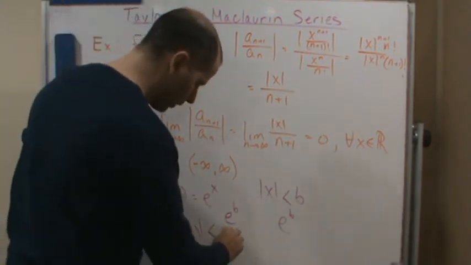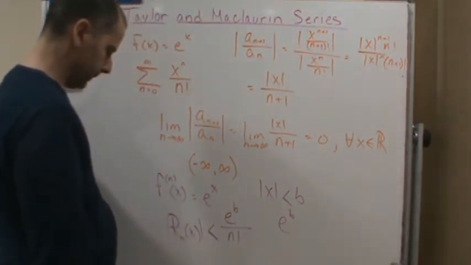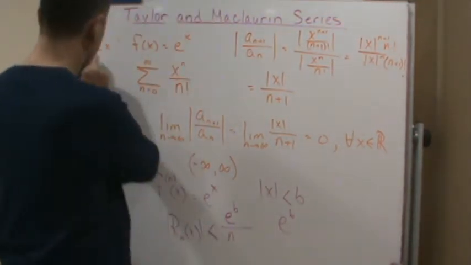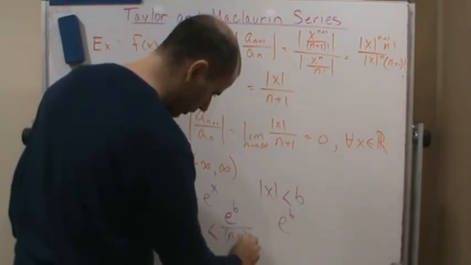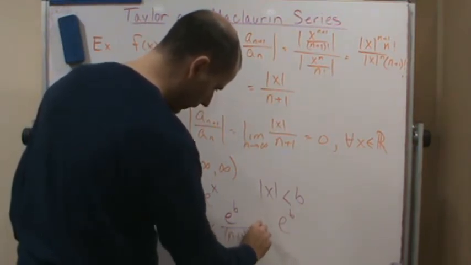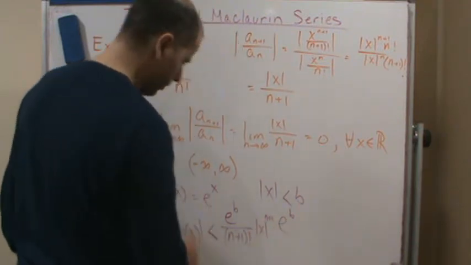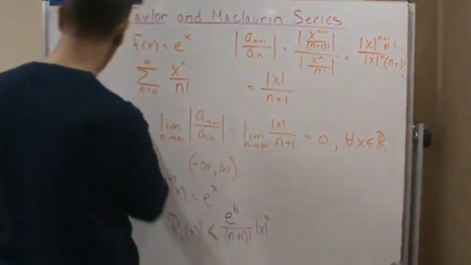So then all we're going to do is fill it in with, this will be n factorial. No, I'm sorry, n plus 1 factorial, times the absolute value of x to the n plus 1. So let me erase this.